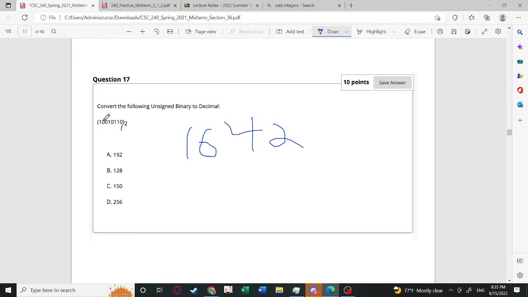We have 2 to the 6, and this is 2 to the 7th. So 2 to the 7th plus 16 plus 4 plus 2 equals one.